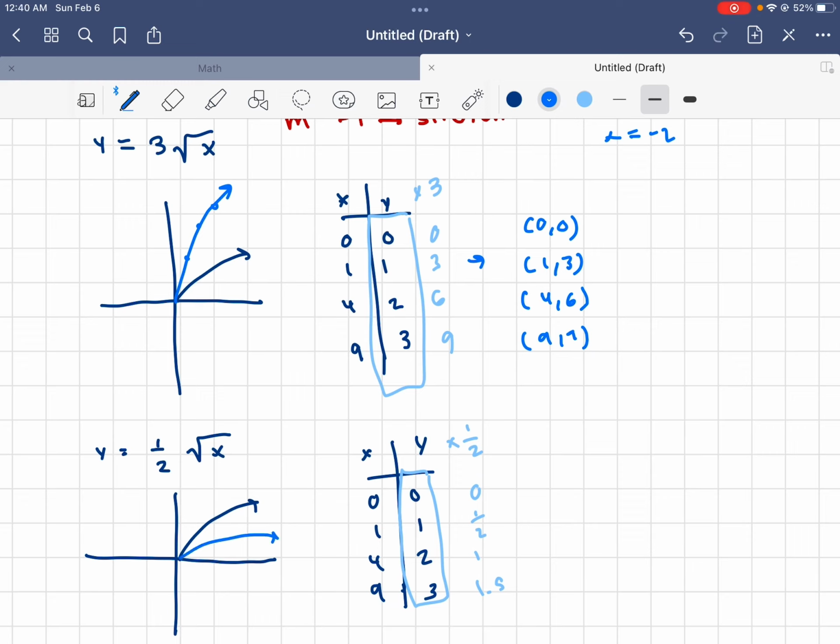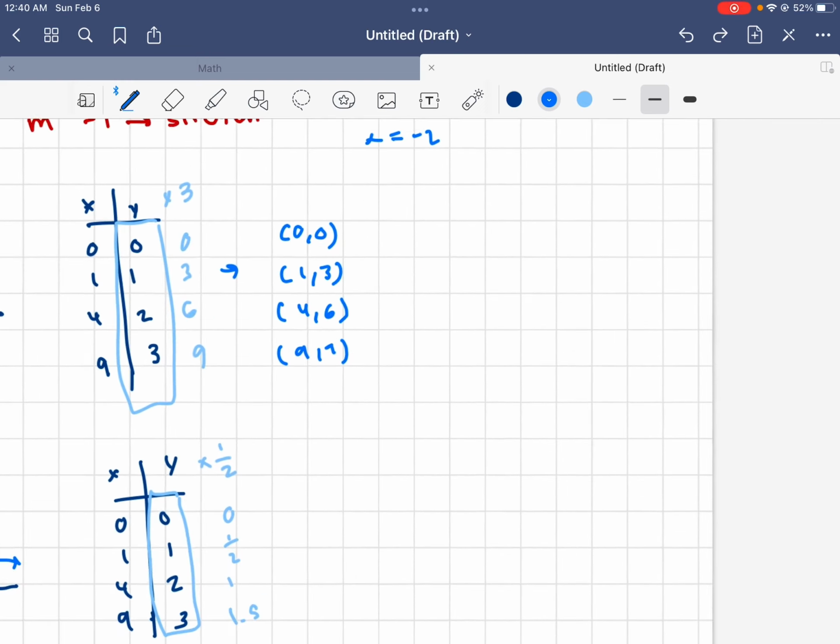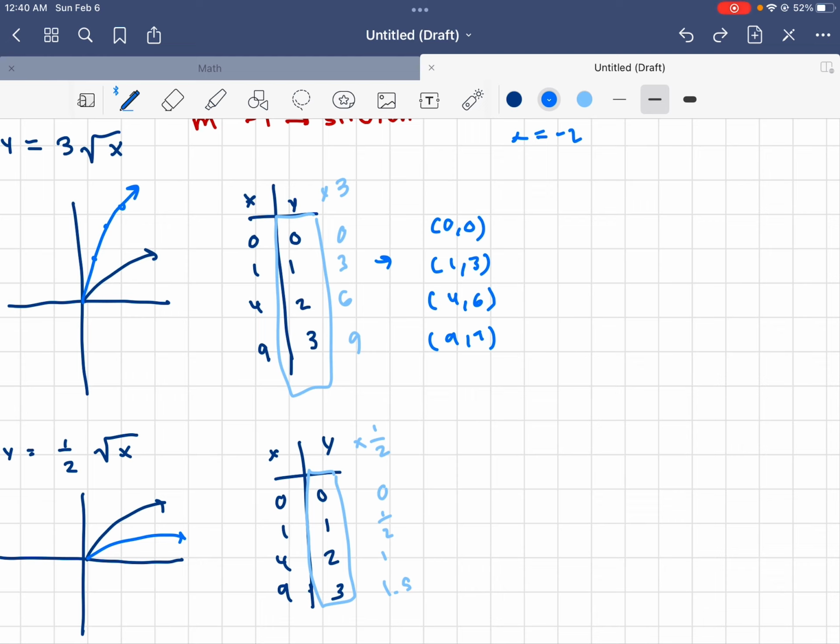So that's how you graph the function when you have a slope, which is this number in front. And if we put it all together and let's say we have a transformation, so we have plus 2 outside, that'll move our graph up 2, it's still flattened like that.